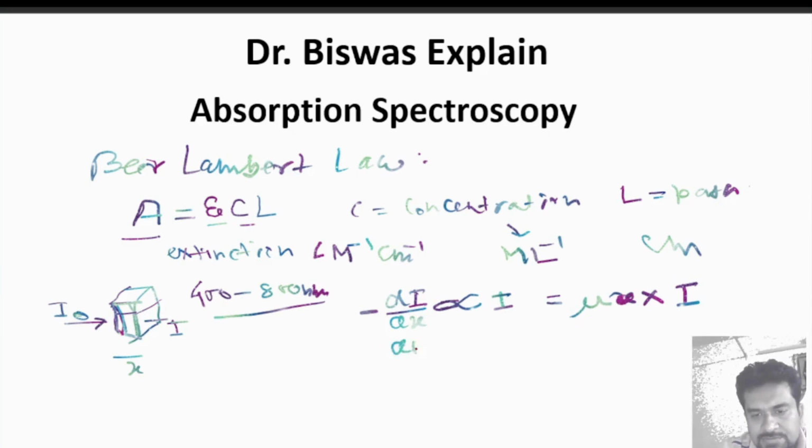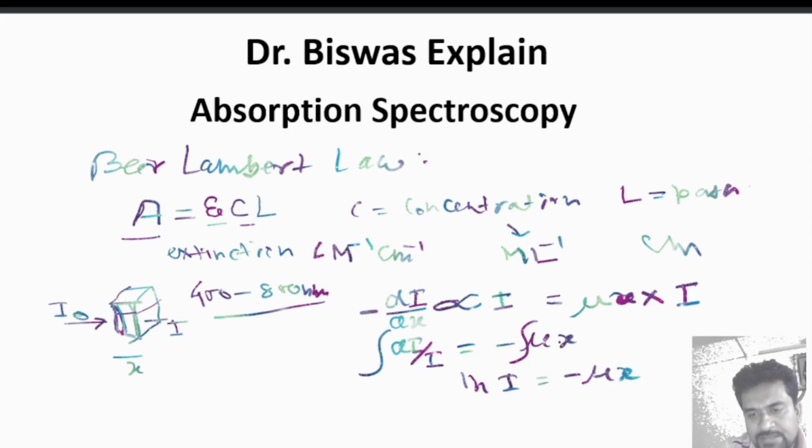Rearranging, dI by I is simply minus mu dx, and by integrating both sides we get ln I is equal to minus mu x plus ln C. Rearranging, ln I by C is equal to minus mu x. That means I equals C e to the power minus mu x.